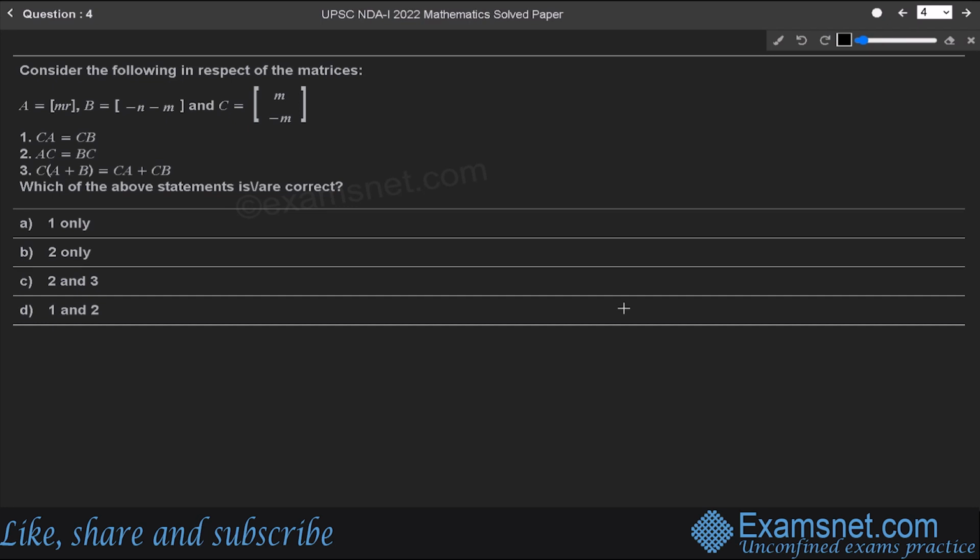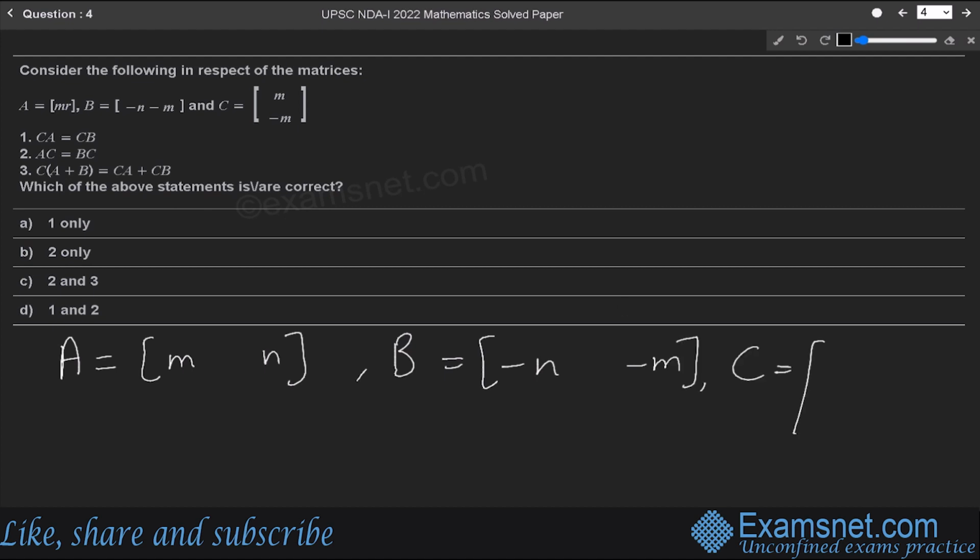You can see that matrix is a very important chapter as so many questions come from this chapter. First, let us write all the values that are given in the question.